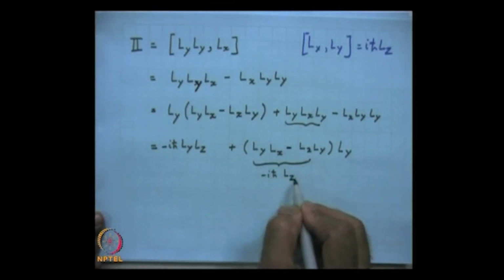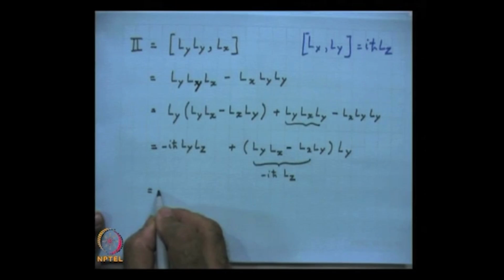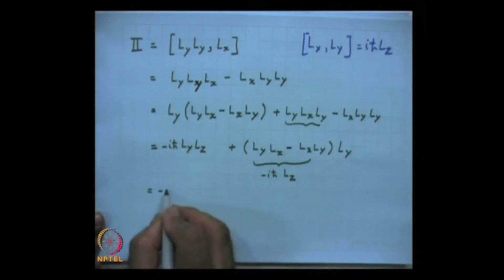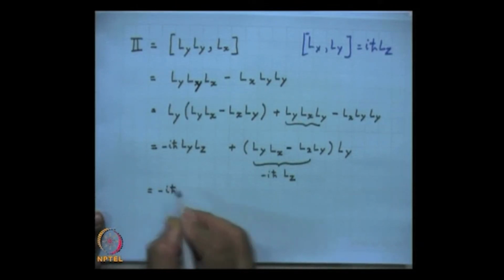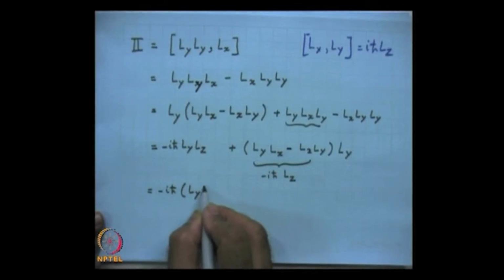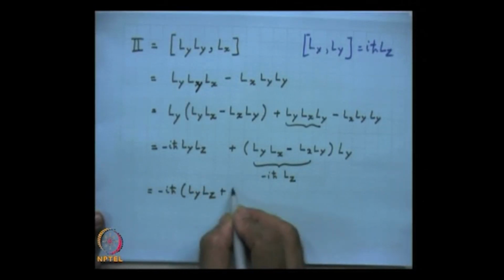So, I get minus i h cross L y L z plus L z L y.